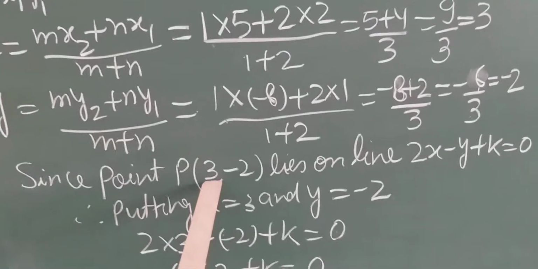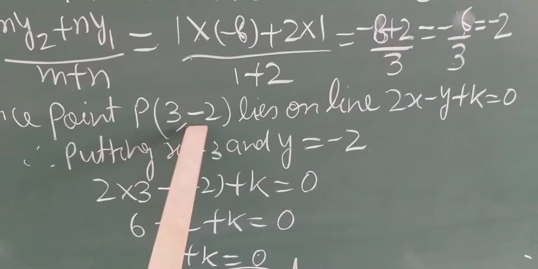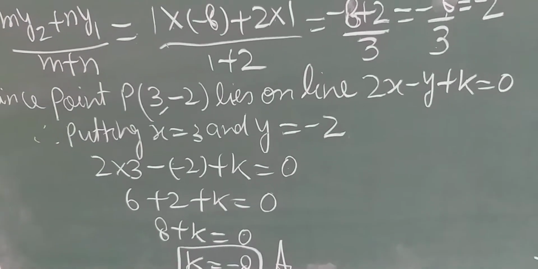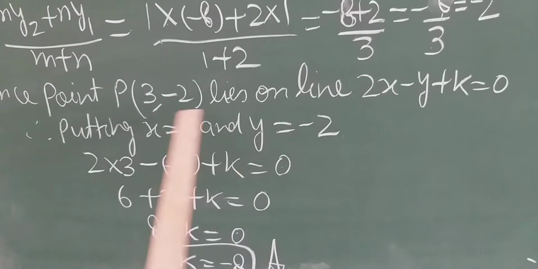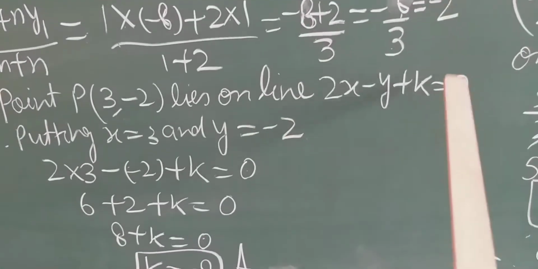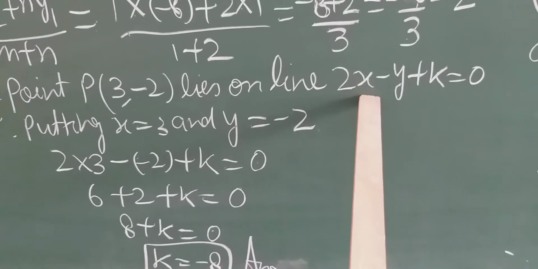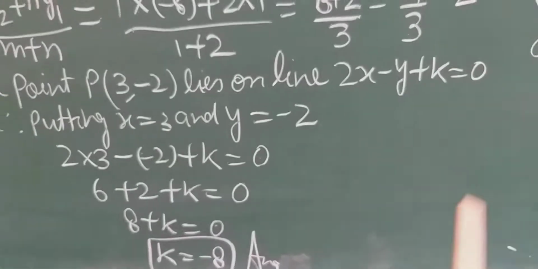But student, this point lies on a line, it is given to us. Point P (3, -2) lies on the line 2x minus y plus k equal to 0. Since this point lies on the line, it means this point will satisfy the line. So we are going to put the value of x 3 and value of y -2 in the line.